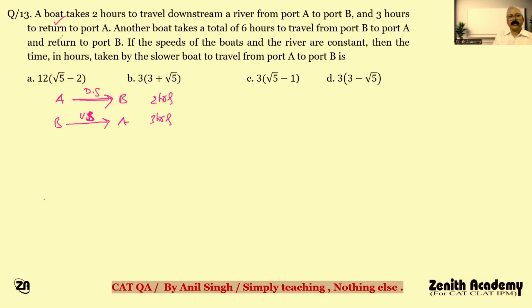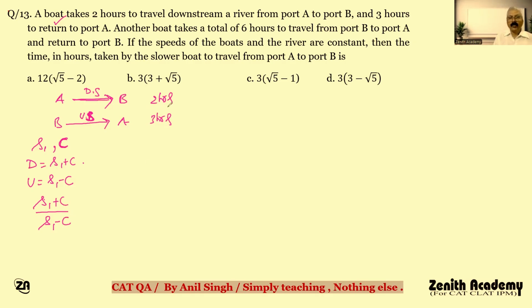Suppose the speed of the first boat in still water is S1, and the speed of the flowing water, the current in the river, is C kilometers per hour. So the downstream speed of the first boat will be S1 plus C, and upstream will be S1 minus C.